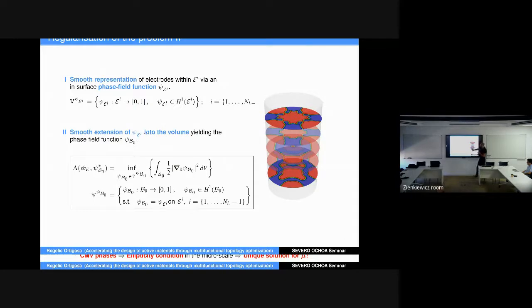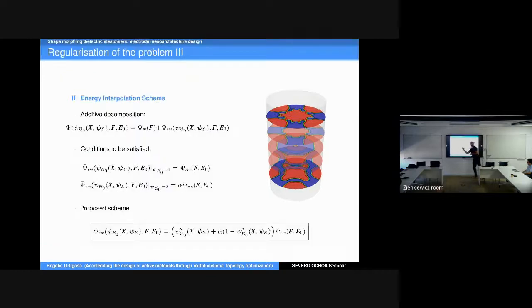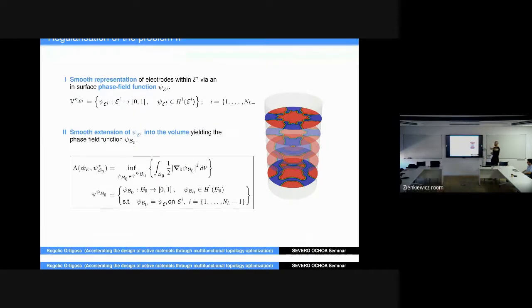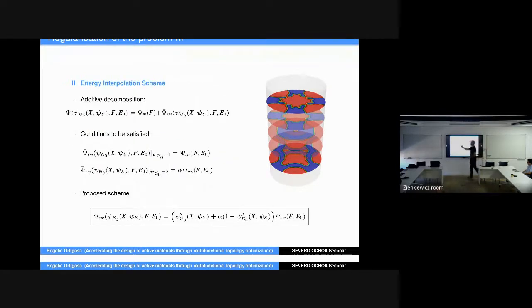I'm going to apply Dirichlet boundary conditions in here, in here, in here, in here. It needs to coincide with this. And then I'm going to apply a Laplacian here. That's it. So I've extended into the volume the effect of the electrodes, and that effect is going to be incorporated into the energy.